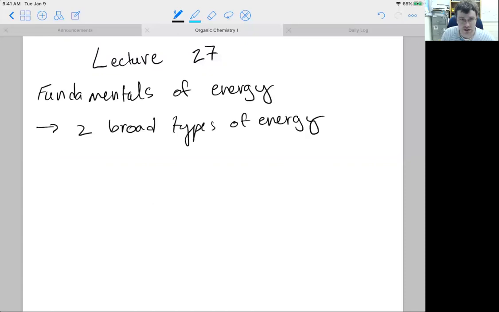And we could break each of these down and be much more sophisticated and rigorous under certain situations, but we'll save that for the physicists. Instead, we'll just focus on what we need to know to go forward with chemical processes. So the first one I want to mention is kinetic energy.